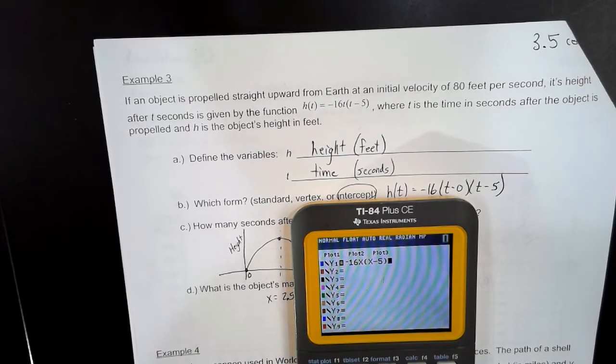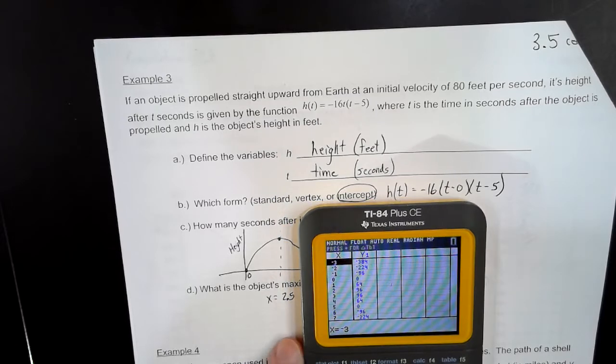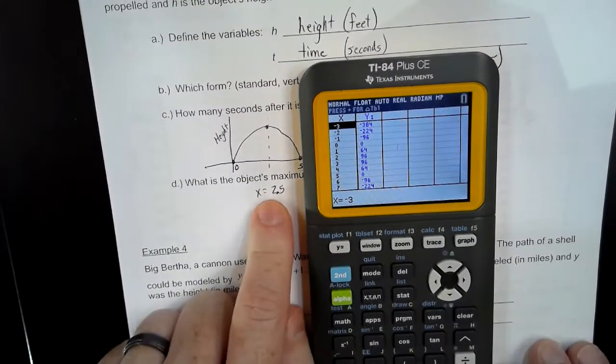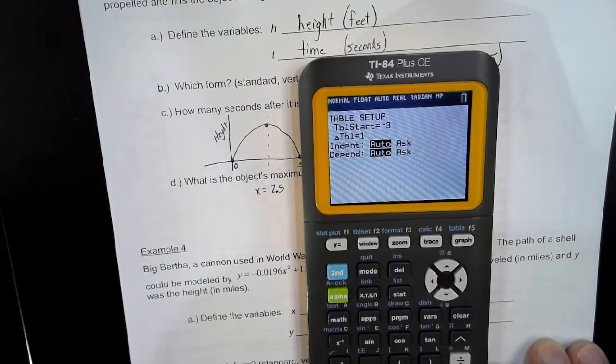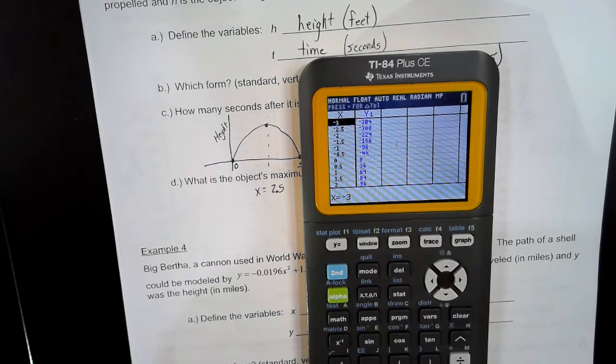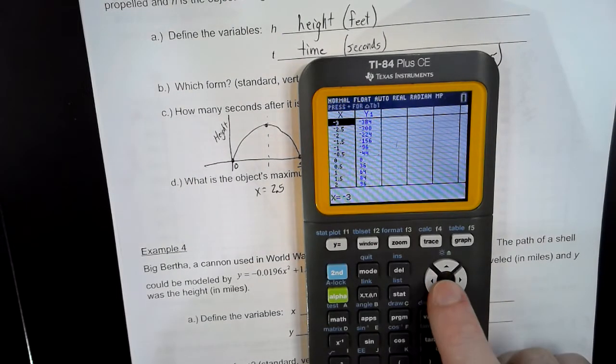Okay, there we are. I'm going to the table, and I'm looking for 2.5, but remember, what did we have an issue with here? We need to put in a decimal. So I'm changing the settings of the table to 0.5, and I want 2.5.